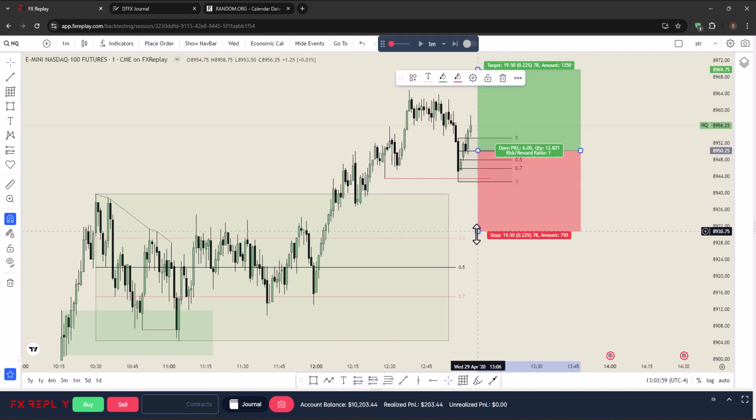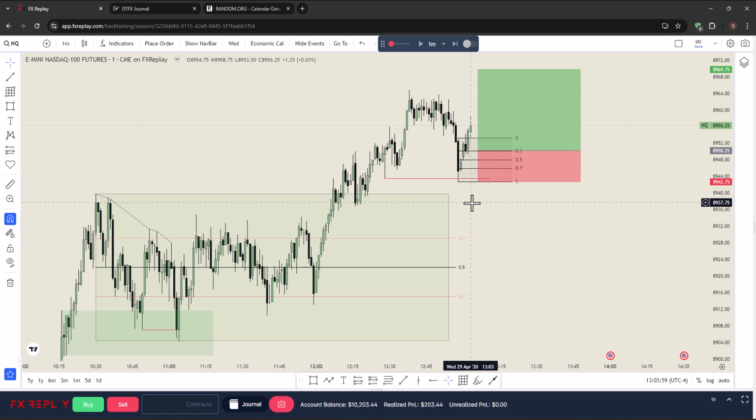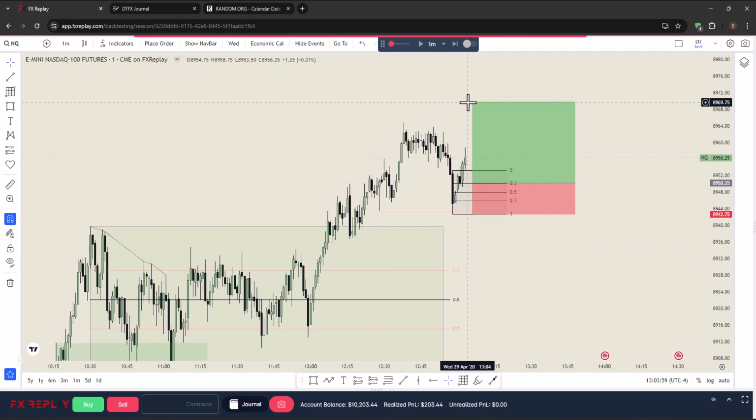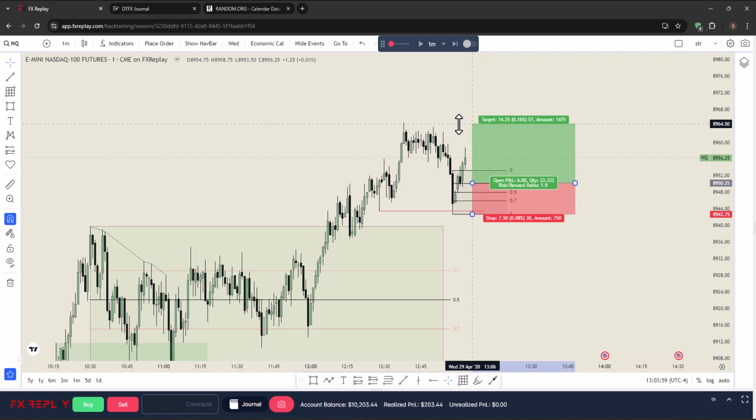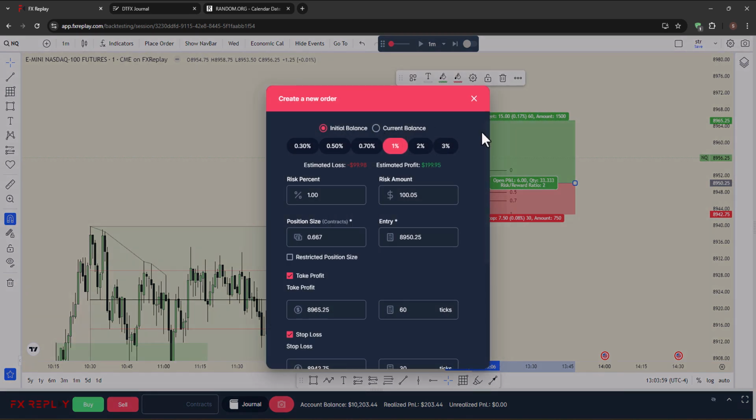Okay, let's put our trade right here. Although this is not the optimal area, we have some highs right here to target. All right, now let's place our order.